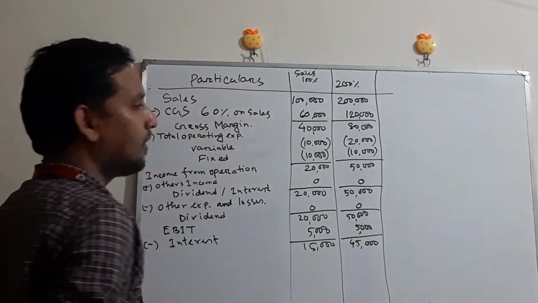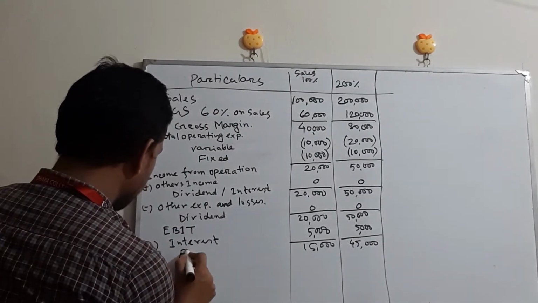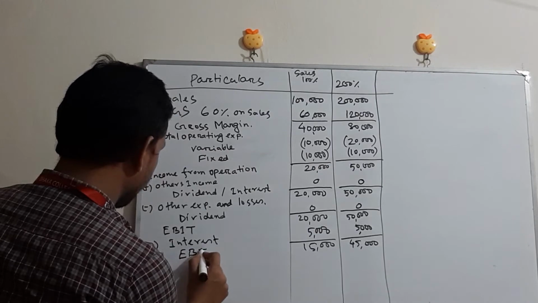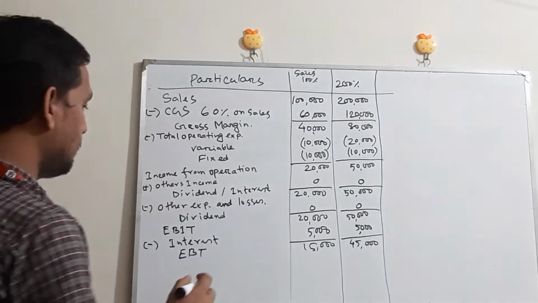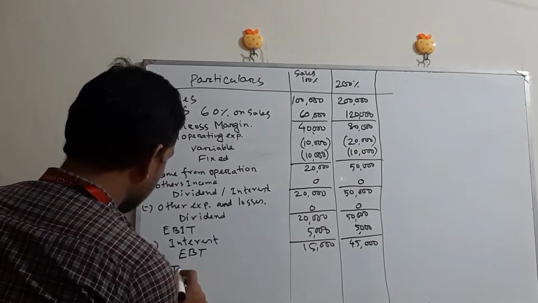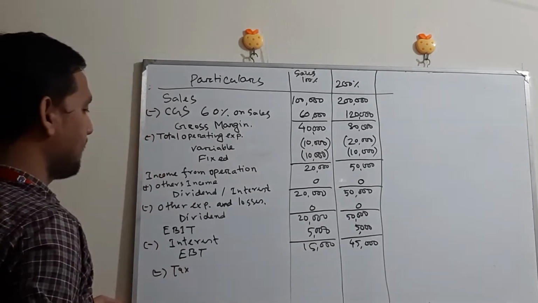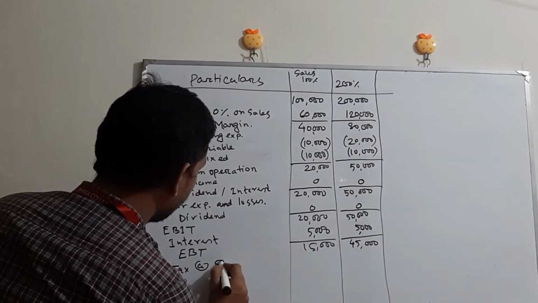45,000 taka. Okay, so it is called EBT, earning before tax. Here, less tax at 50%.